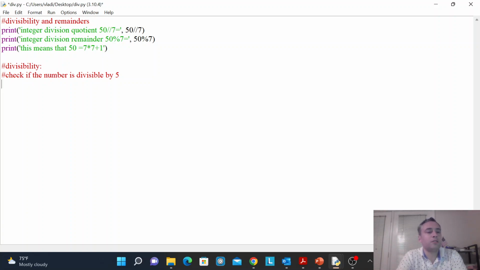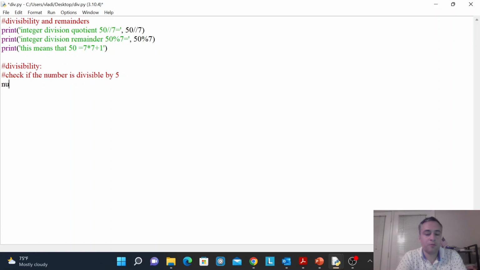How would I do that? Well, I might want to ask a user to supply an integer number. Then I might want to check if this number is actually divisible.